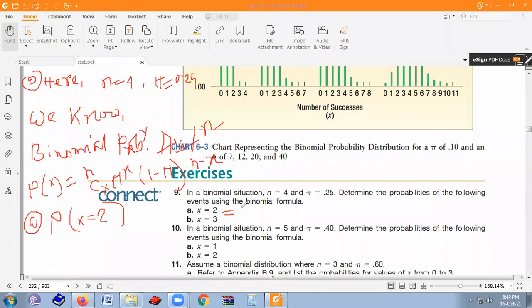So n is 4, then C, x equals 2 and pi equals 0.25 to the power 2 into 1 minus 0.25 to the power 4 minus 2. See, those who have a calculator, check what it comes to.